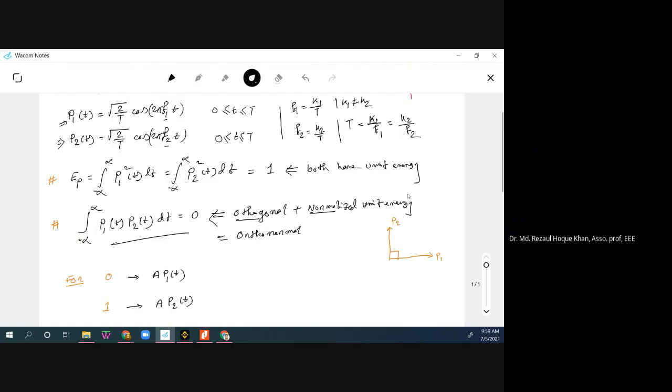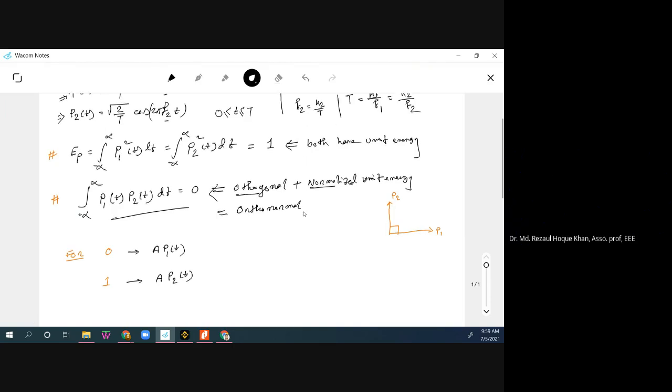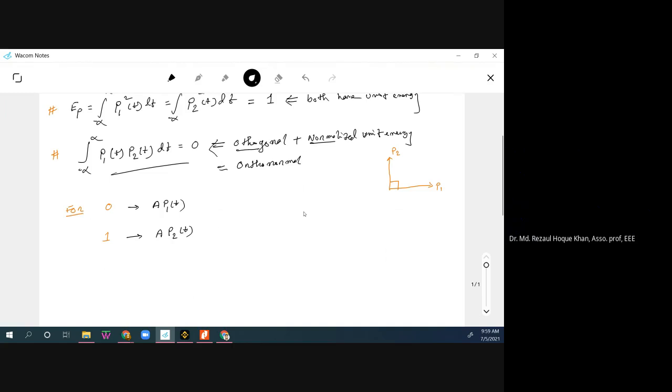These conditions are very familiar to us from before. Because of the normalized unit energy, the energy will be A squared. We have already seen how we convert the expression for 0 and 1 in both previous cases. So the x t can be expressed for both pulses P1 and P2.